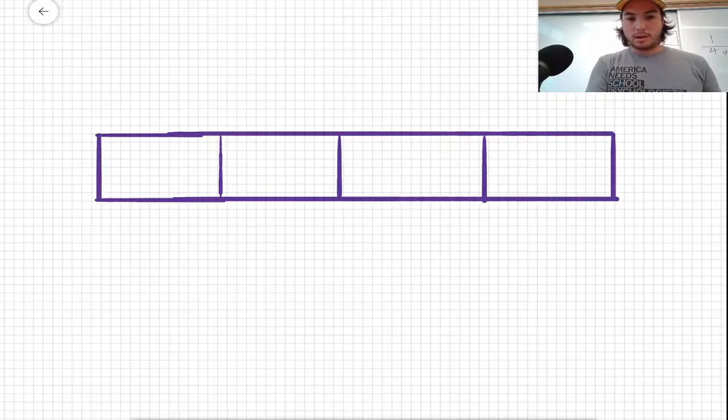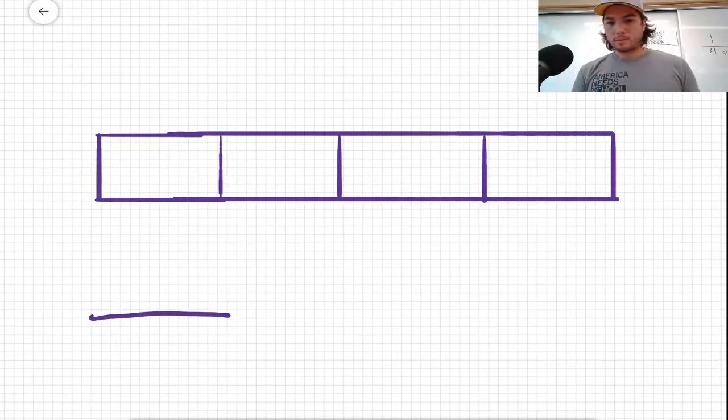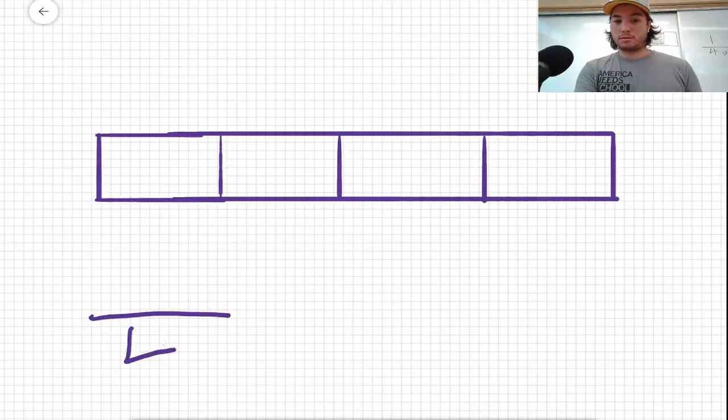So already looking, what's our denominator here? Count your equal parts. Okay. No matter what value our whole fraction bar is, we've divided this into 4 equal parts, right? And then what's our numerator?